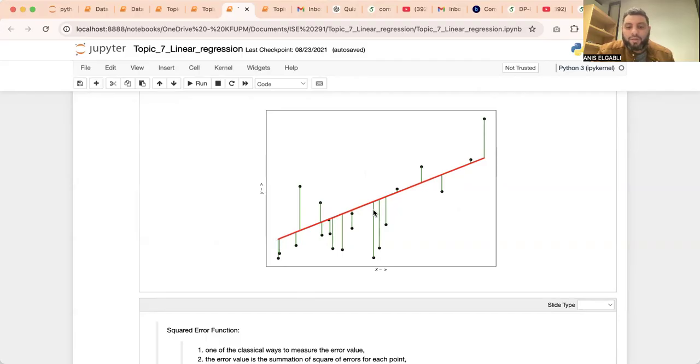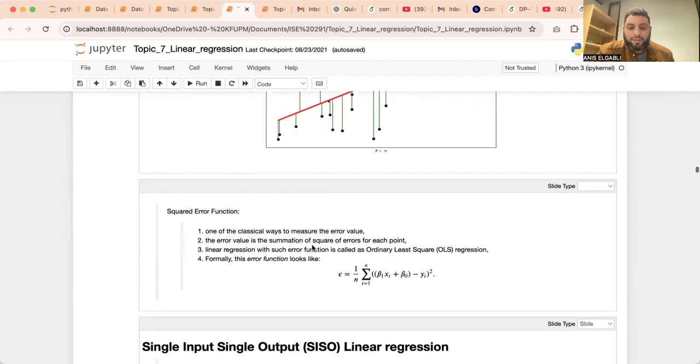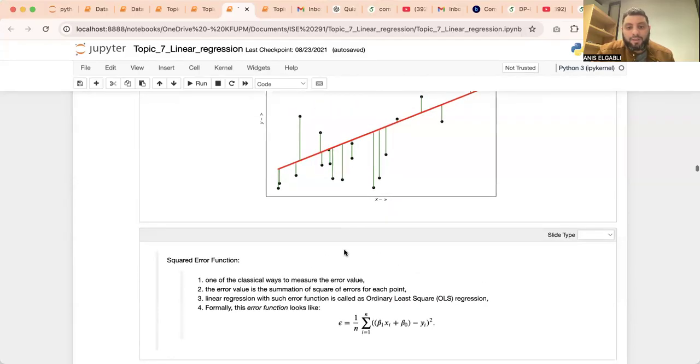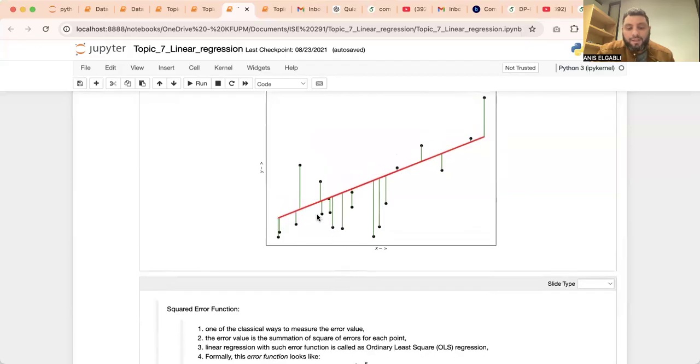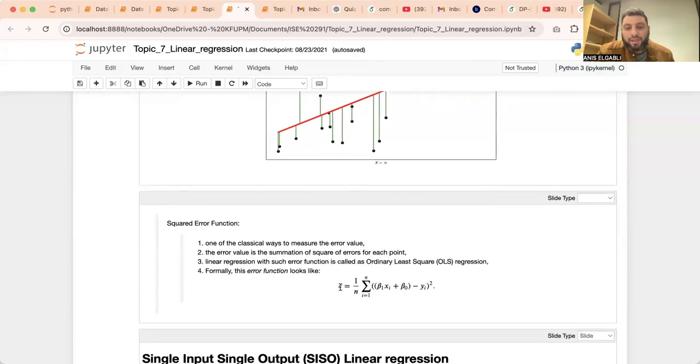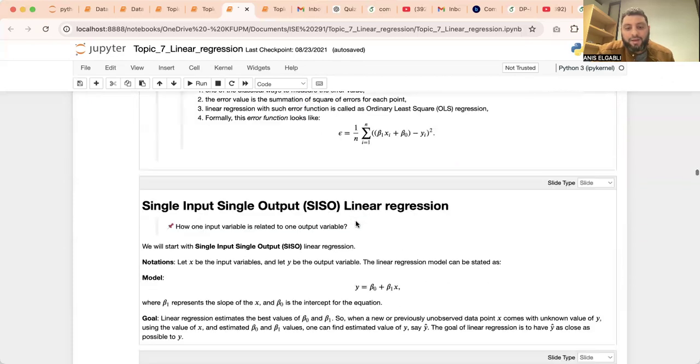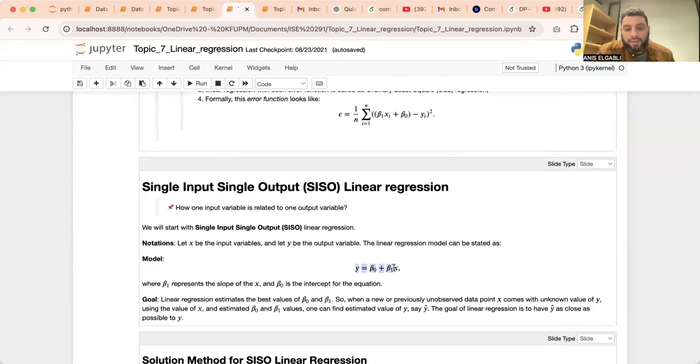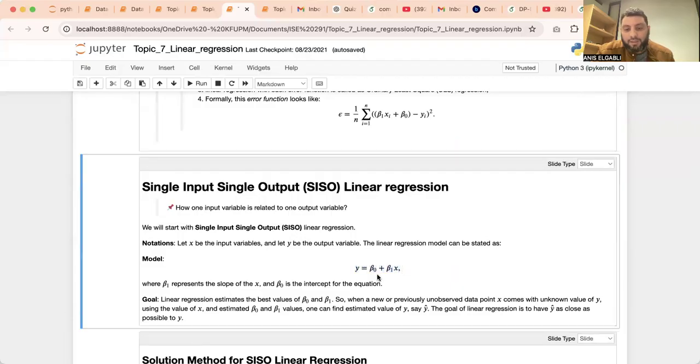So how do we end up choosing that line? We need to consider some error function. First of all, the line is defined by this equation: beta 0 plus beta 1 x. Beta 0 is the intercept, beta 1 is the coefficient of the input feature, or the slope of the line.